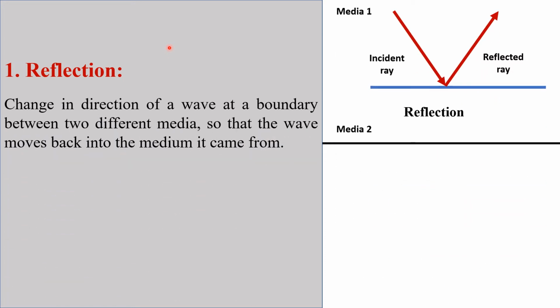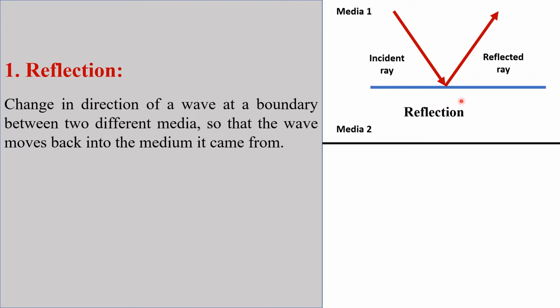Reflection is change in direction of a wave at a boundary between two different media, so that the wave moves back into the medium it came from. Suppose this is media 1 and this is media 2, and this is the boundary between the two media.